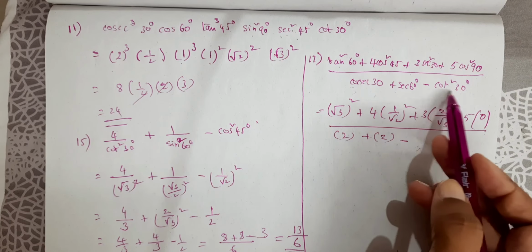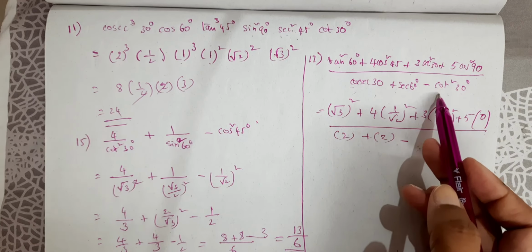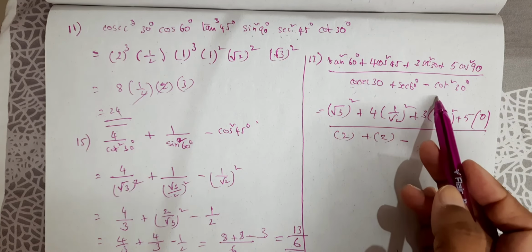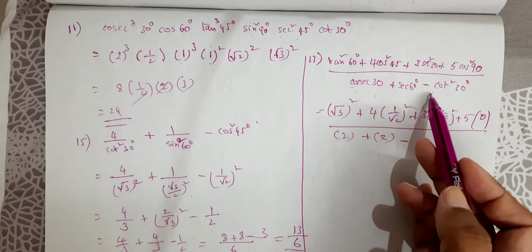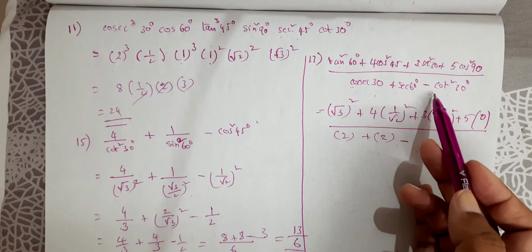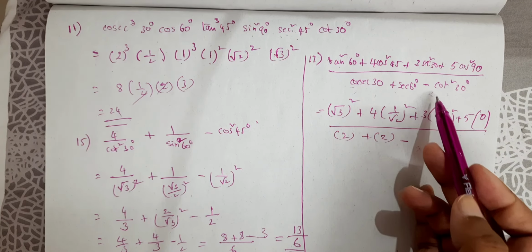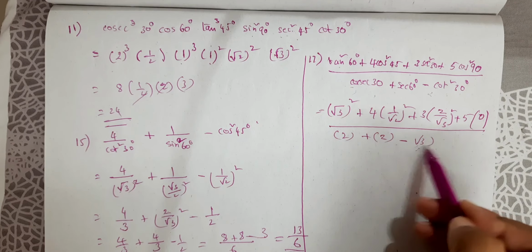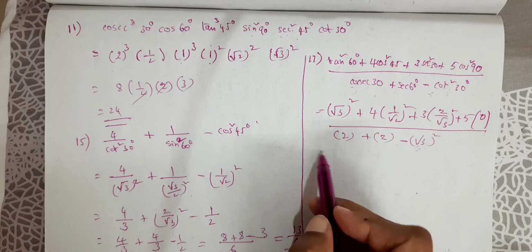Cot 30 means cos 30 by sin 30. You can remember it like that, right? So cos 30 is root 3 by 2 by 1 by 2, so that is root 3 whole square.